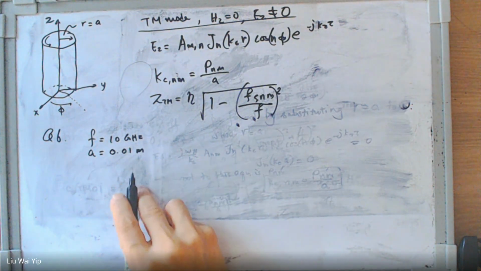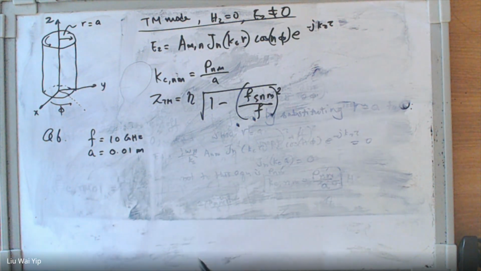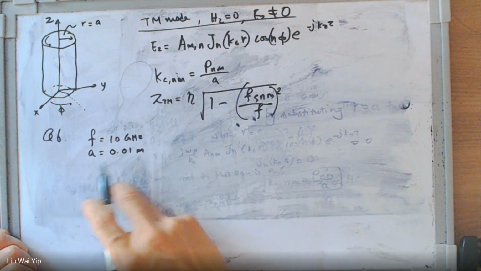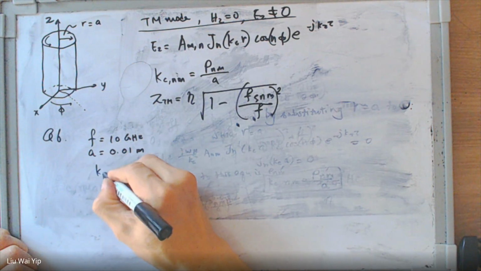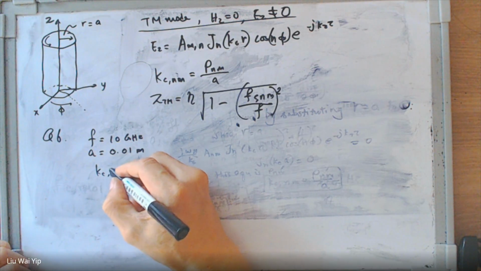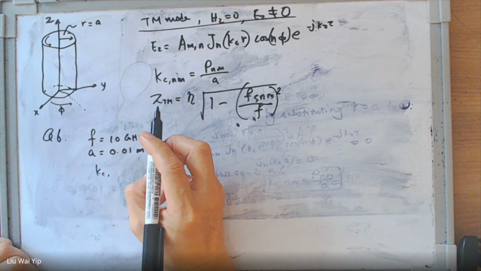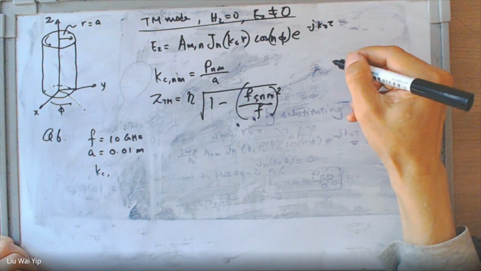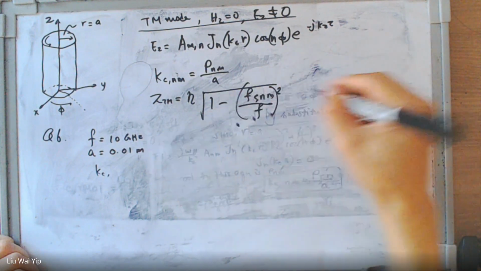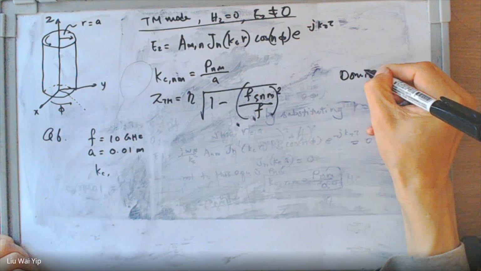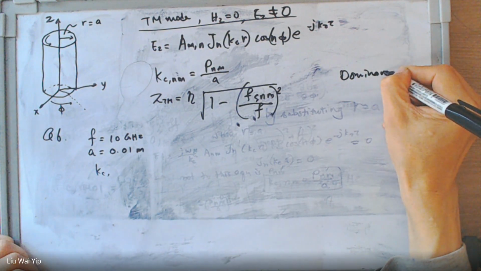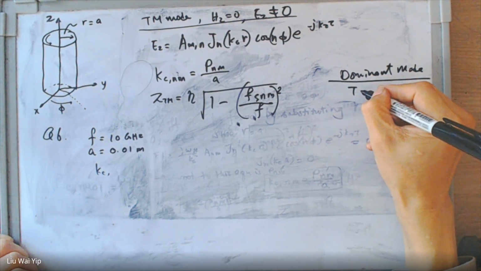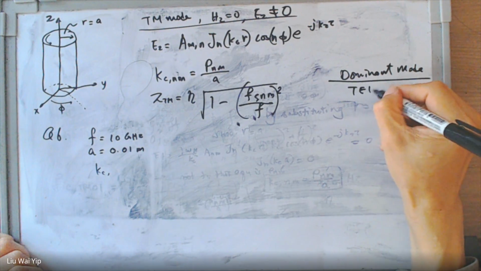So from here, you need to know the cutoff Kc. Now, the dominant mode, I forgot to tell you, the dominant mode of a circular waveguide is TE11, okay?